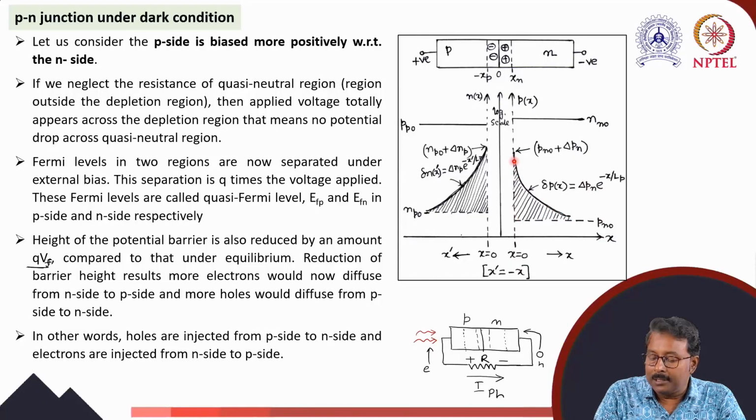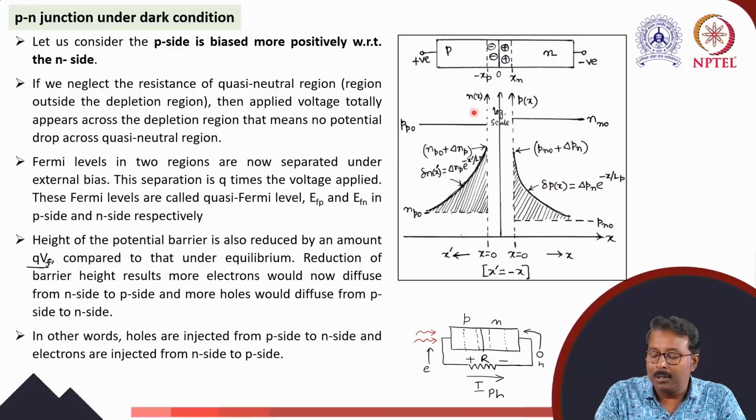Near the junction, at the boundary of the depletion layer, it is highest and it gradually decreases with position. We will show that the expression of this curve is nothing but some constant times e to the power minus x by Lp. So there is an exponential decay.